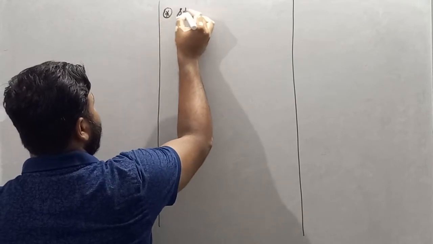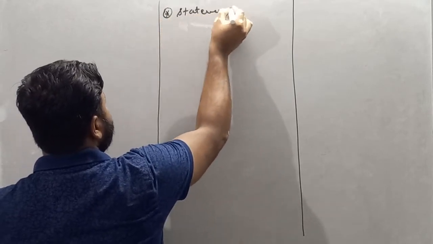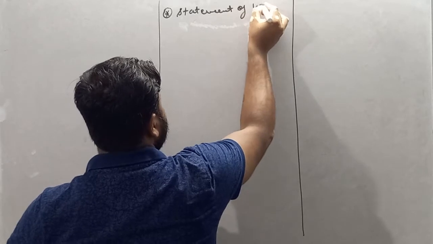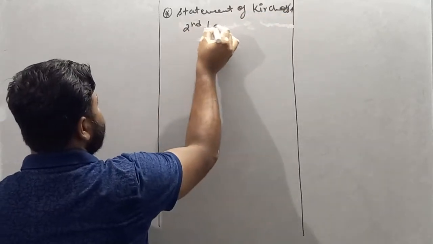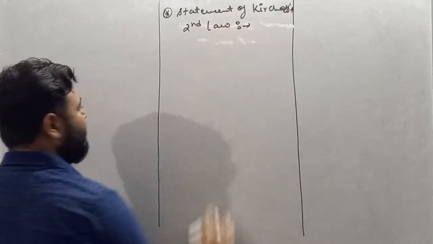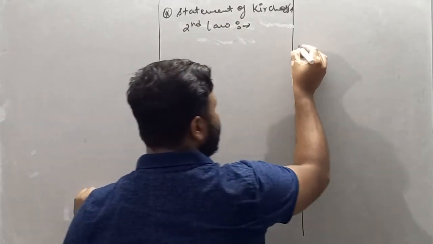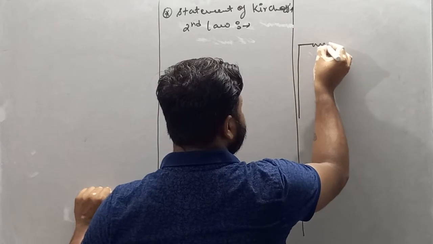Let's discuss the statement of Kirchhoff's second law. So the second law says, let's suppose we have a closed circuit like this.